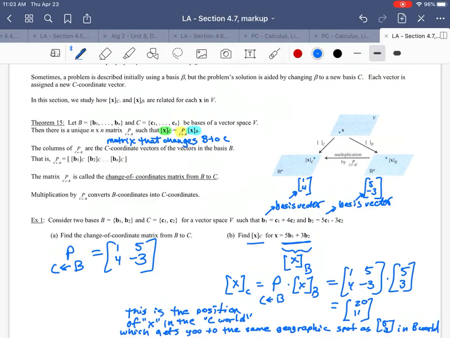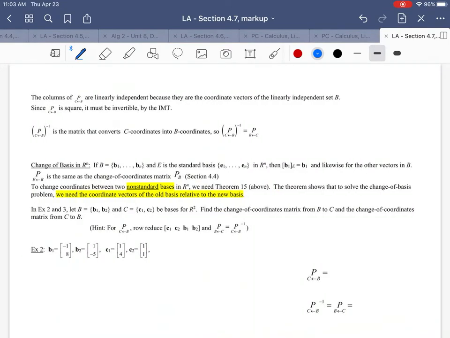So these are just directions to go to the same spot depending on the world that you're in, if you understand that kind of pedestrian phrasing of it.